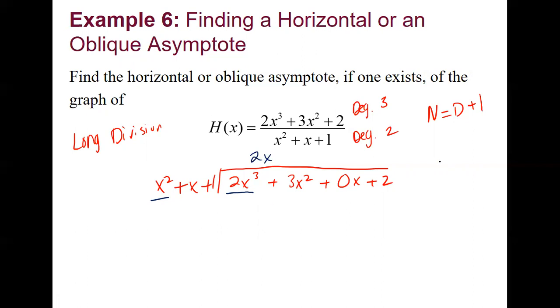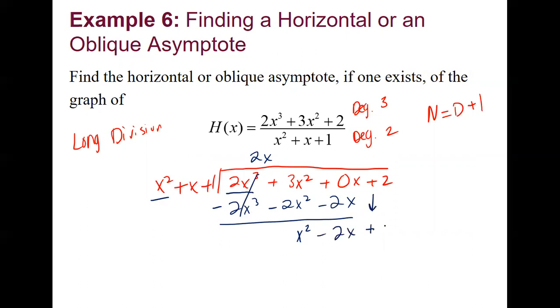So we divide, then we multiply. 2x times x squared is 2x cubed. 2x times x is 2x squared. 2x times 1 is 2x. And then we subtract, and we're left with x squared minus 2x. And then we bring down.